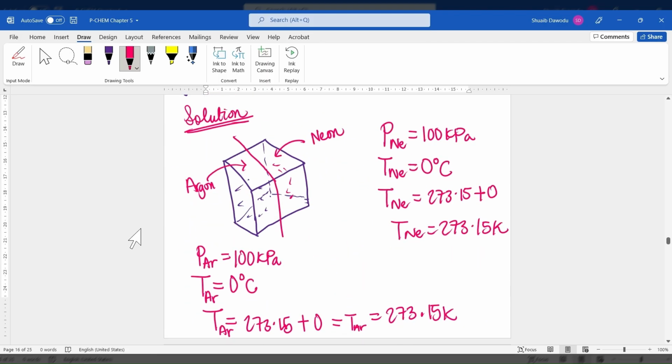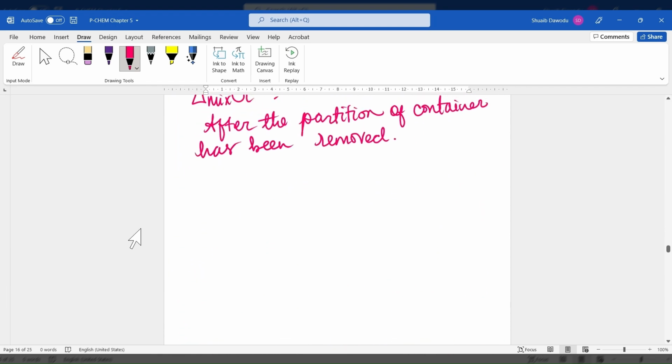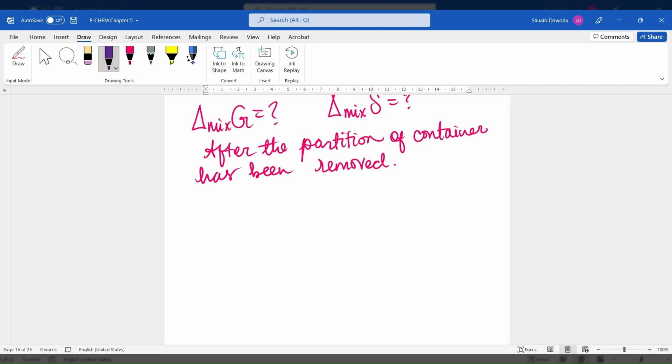I have broken down every single value that we are given, as well as broken down the question. Now, for those of you who don't know, if you check chapter 5 of the Atkins Physical Chemistry 11th edition textbook, we're going to be using the Gibbs energy of mixing.